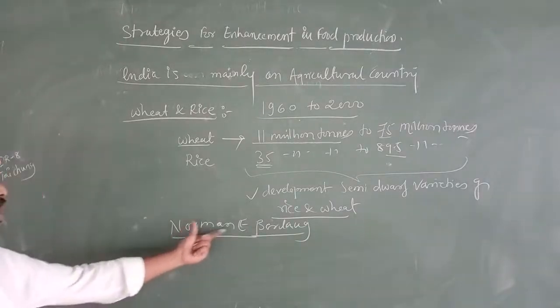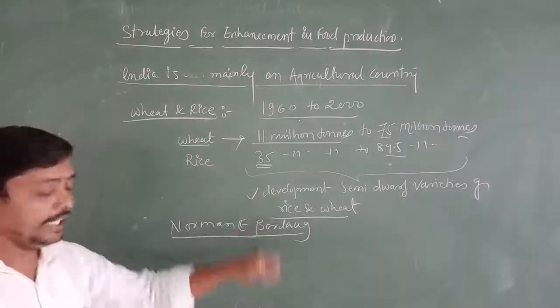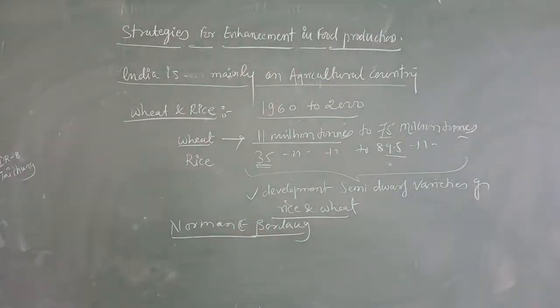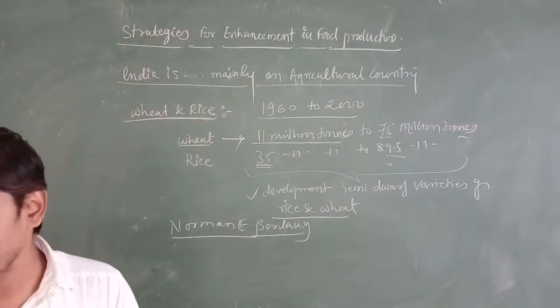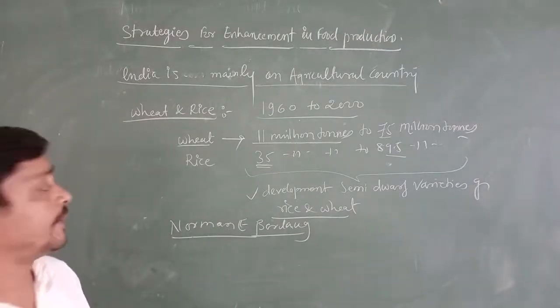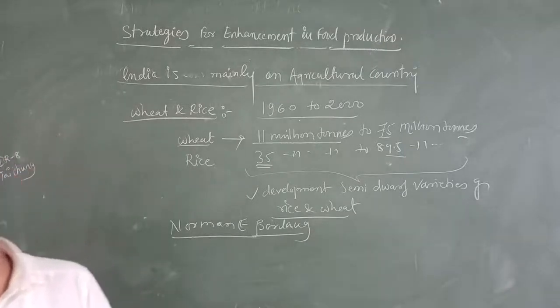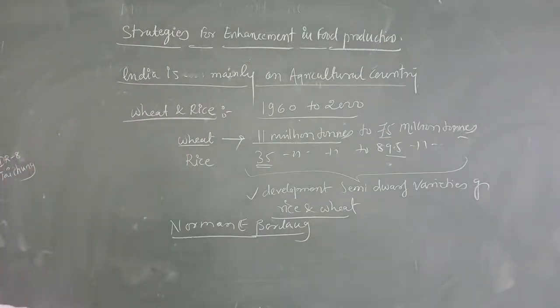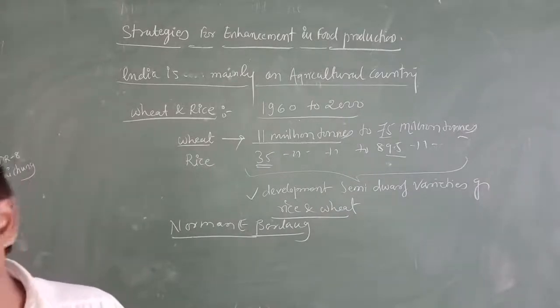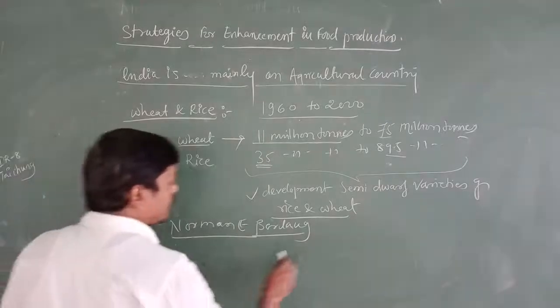Norman E. Borlaug is the Nobel laureate, and he worked at the International Center for Wheat and Maize Improvement in Mexico, and developed the semi-dwarf varieties of wheat.